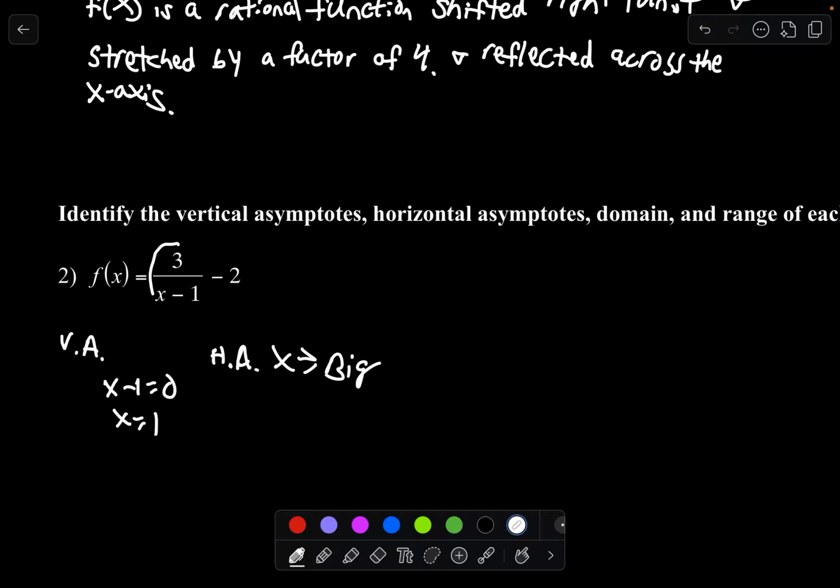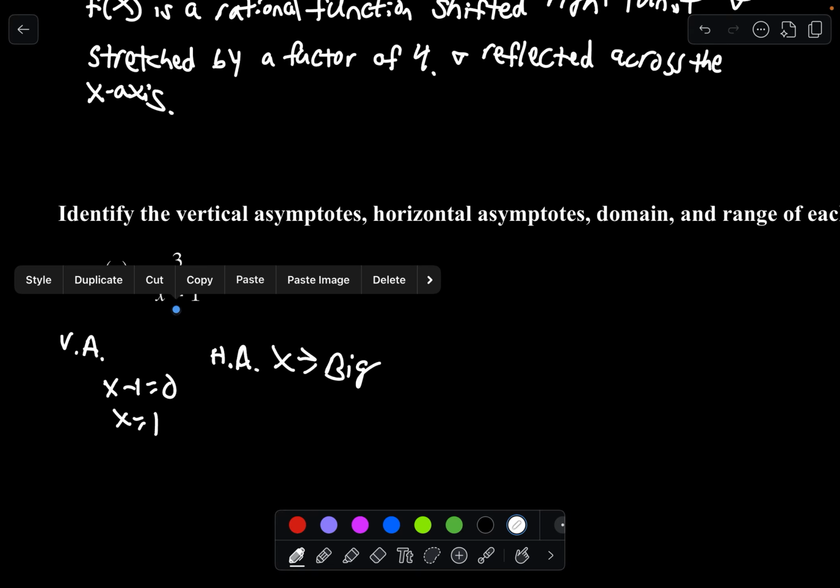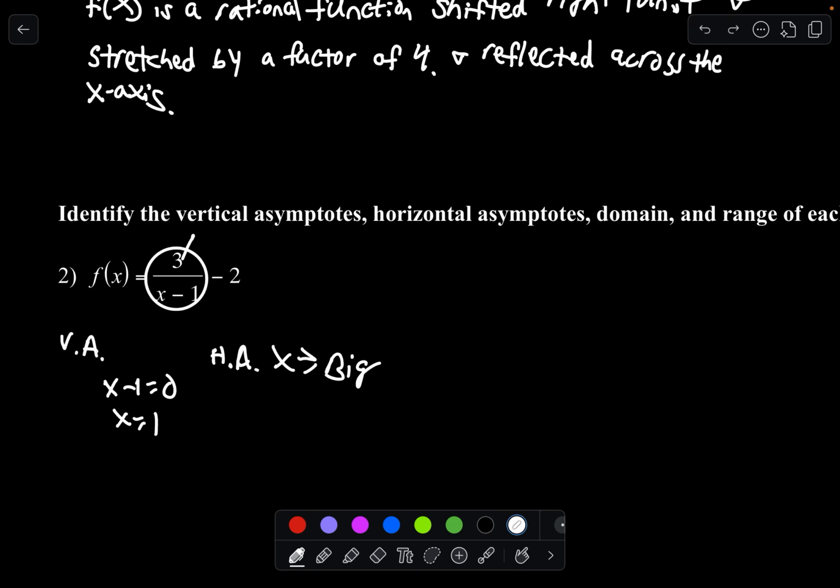Okay, if x gets big, this fraction with the x on bottom goes away. And you're left with y equals -2. If there's no number at the back end, if that was gone, then it'll be y equals 0 because there's no number at the back end. You can always put a plus 0 if there isn't any.